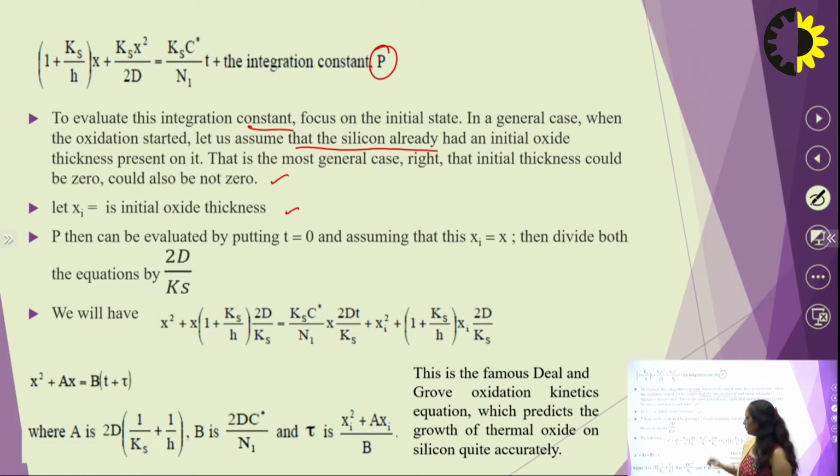P can be evaluated by putting t equal to 0 and x equal to xi, and then dividing the above equation by 2D divided by Ks. We are going to have this equation.